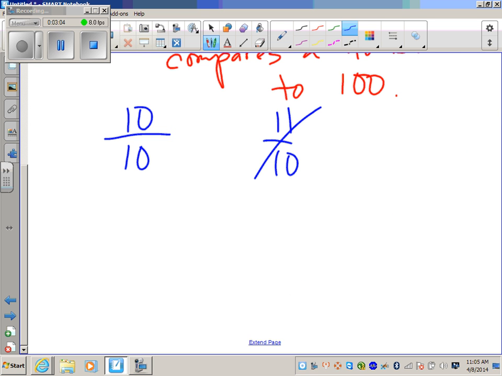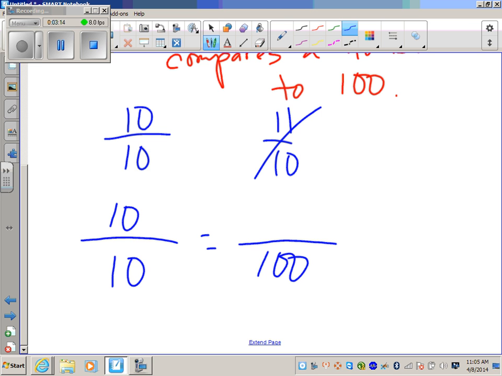Okay? Now let's examine this 10 out of 10. It says it compares a number to 100. 100 is going to be used as a denominator. We'll call it a denominator just because we're putting this ratio in fraction form. It's not necessarily really a denominator, but it's the bottom number.